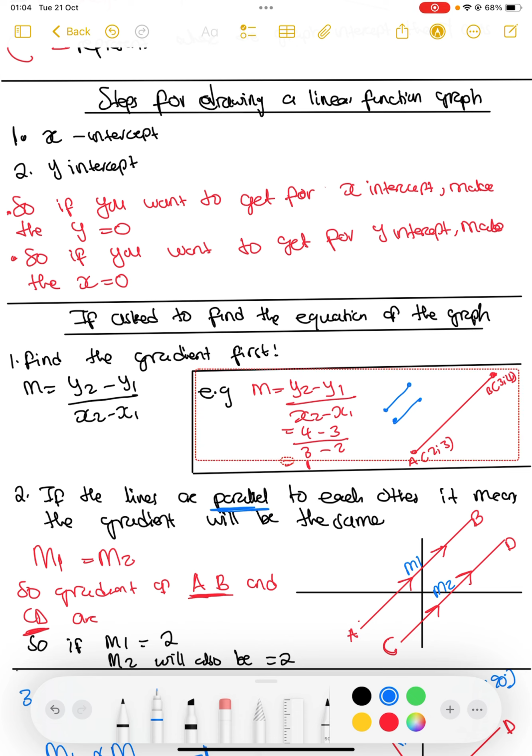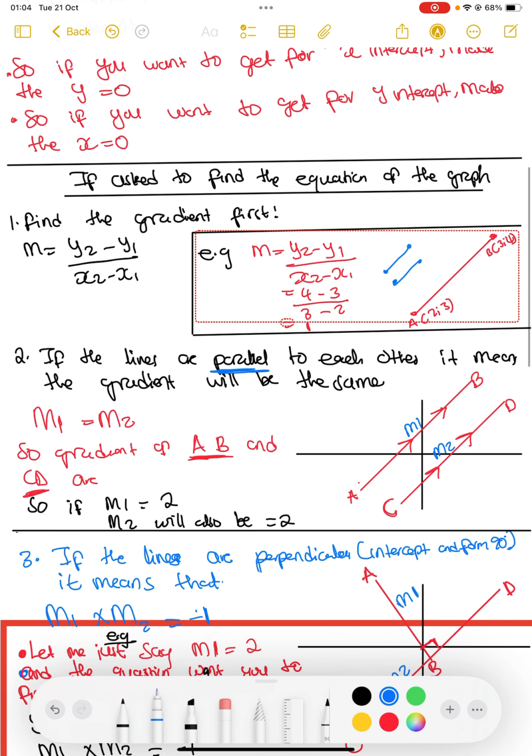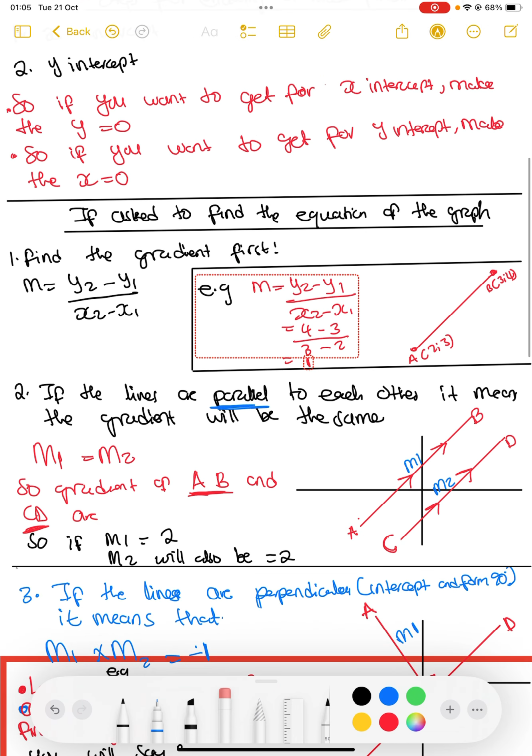The incline is the same, it's just that they start at different points. So the gradient is the same, which means the m1 of those two lines, AB and CD, will have the same gradient because the lines are parallel.